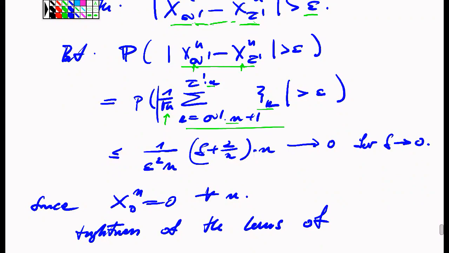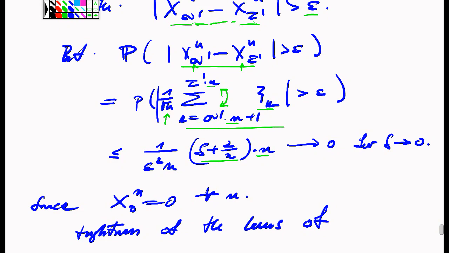And now we can just apply a Chebyshev inequality, which tells us that this is bounded above by the sum of these different variances, where the number of summands is no more than the difference of these two bounds in the sum, and this difference is given by delta plus 2 over n times n.